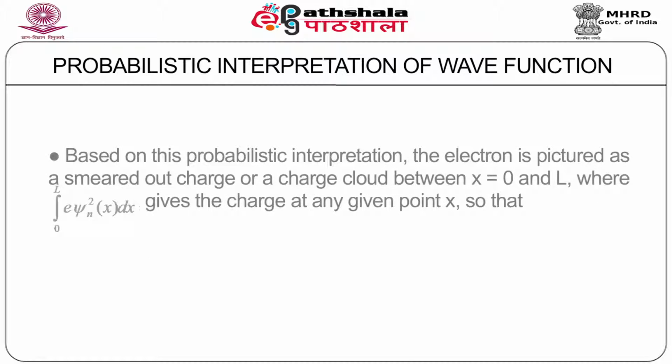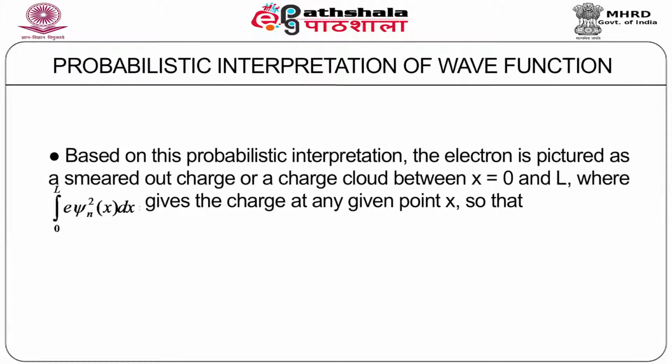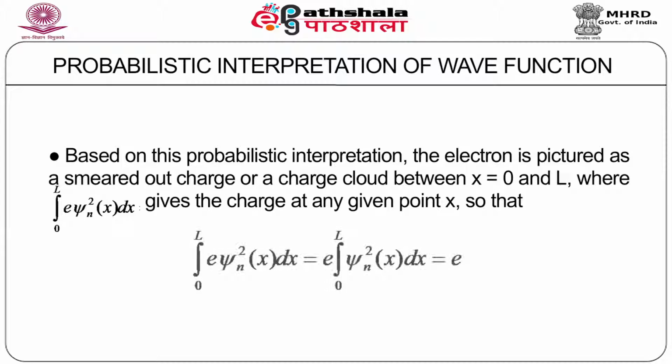So based on this probabilistic interpretation, the electron is pictured as a smeared out charge or a charged cloud between x equal to 0 and x equal to L, where e psi n square dx gives the charge at any given point x, so that the total charge is obtained by integrating e psi n square dx.